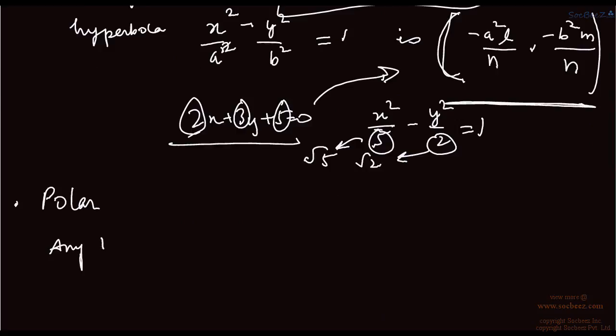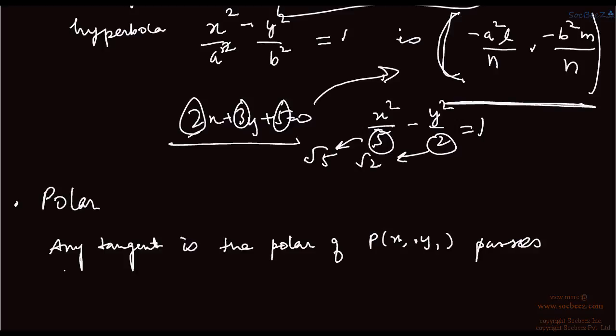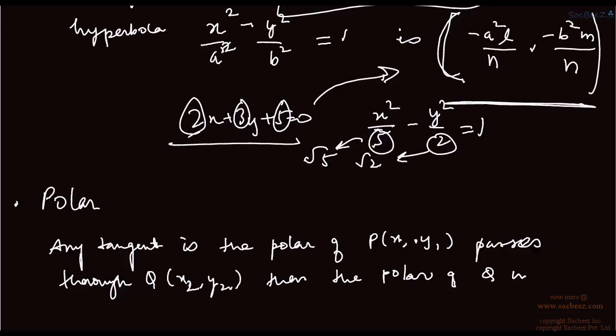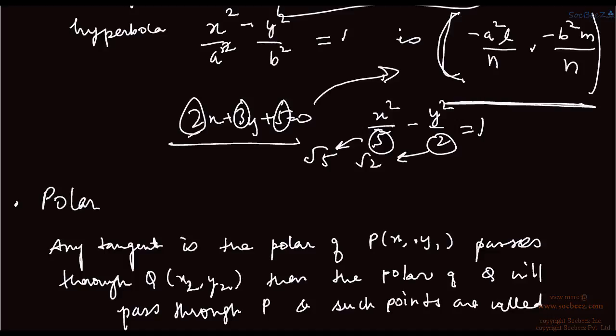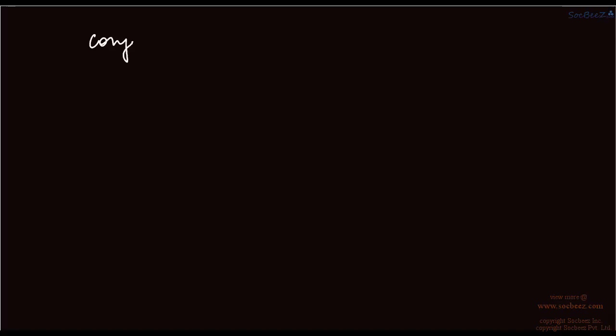If the polar of P passes through Q, which is, let's say, (x2, y2), then the polar of Q will pass through P, and such points are called conjugate points.